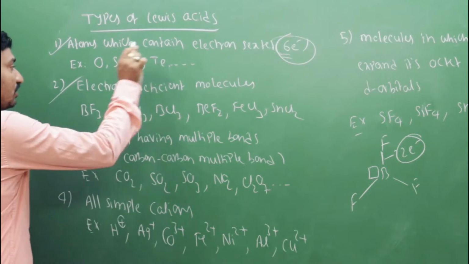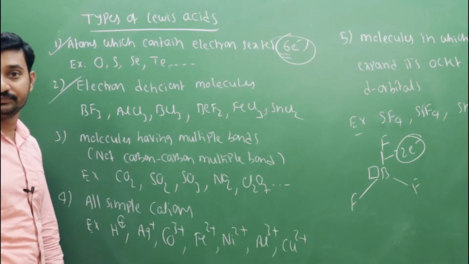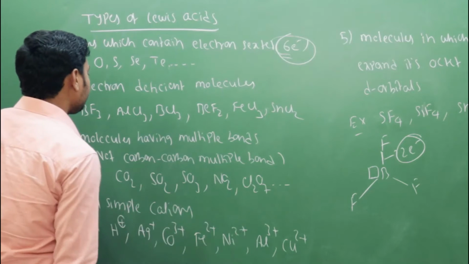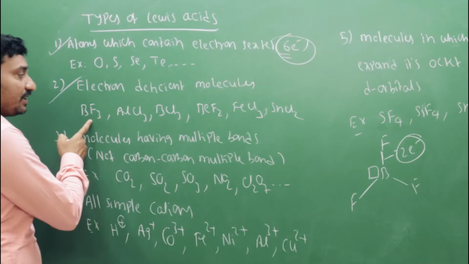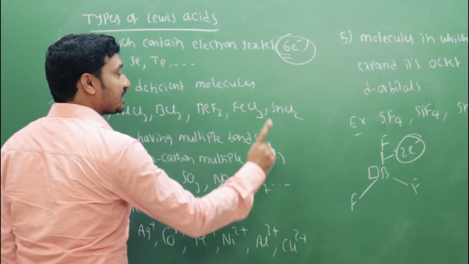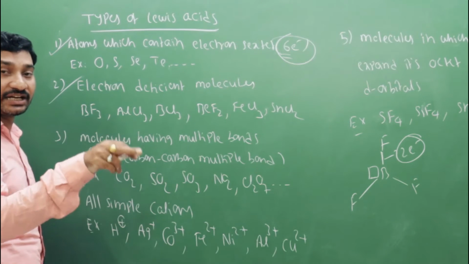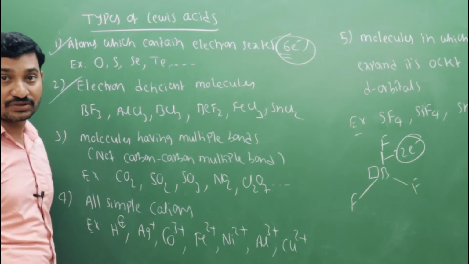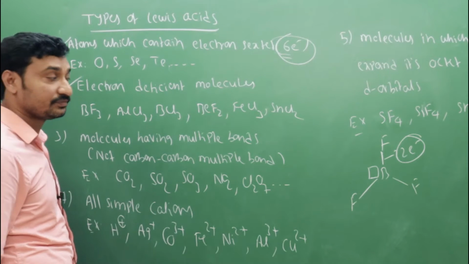Okay, next one, molecules. Examples: BF3, AlCl3, BCl3, BF2, FeCl3, SnCl2, all are electron deficient molecules, less than 8 electrons around the central atom. So all will get a pair of electrons from the other substance.